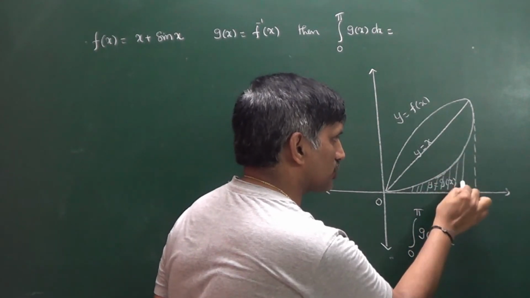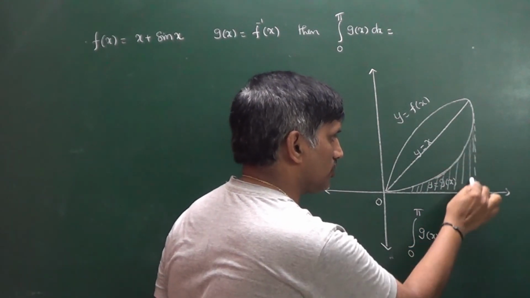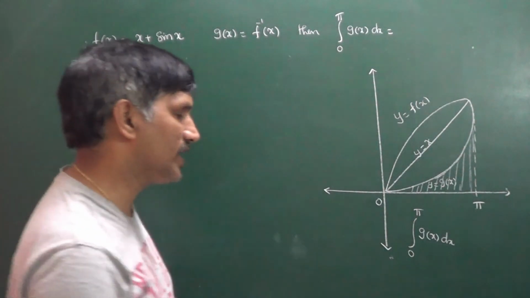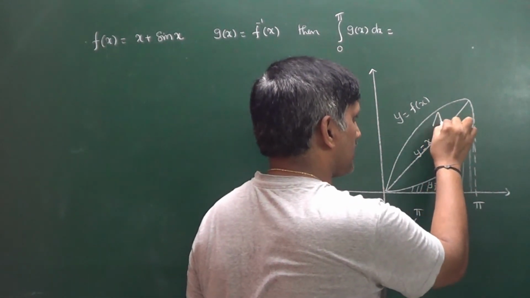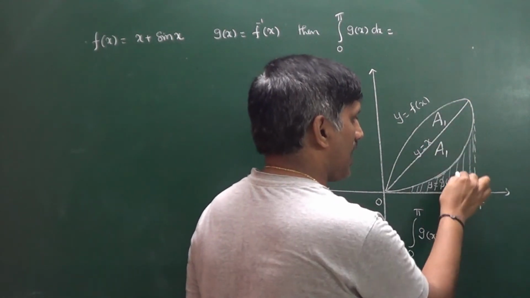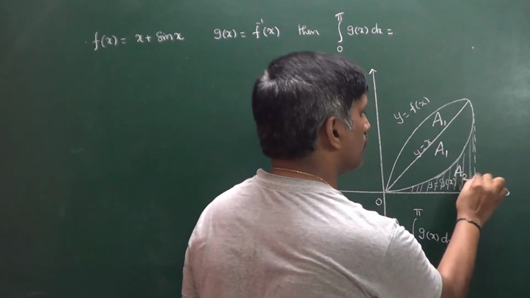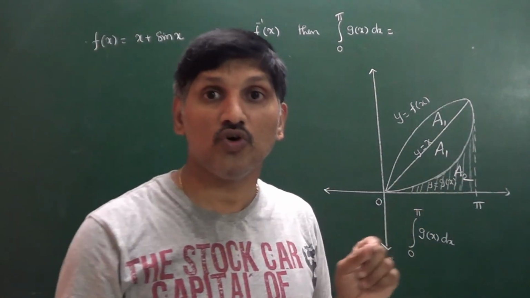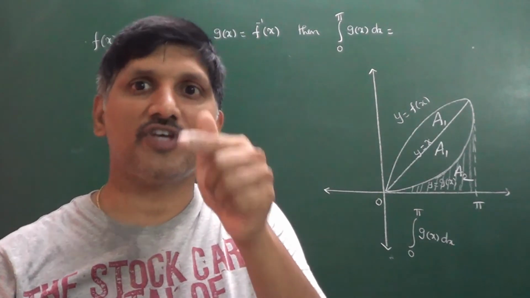This region area we have to find out. Right? So let us say this portion area is A1. No doubt this is also A1 and this becomes A2. I am considering this shaded portion as A2. We require the area of A2.